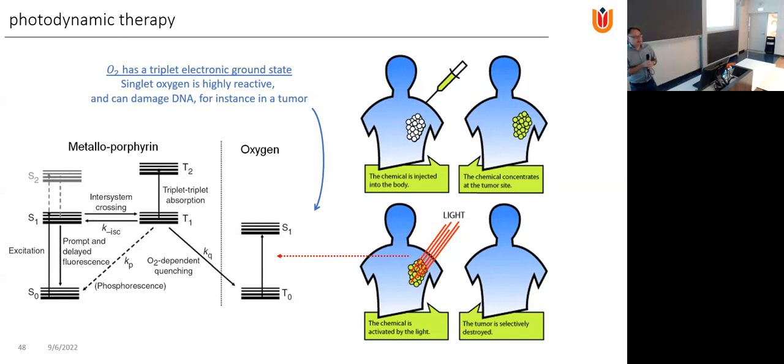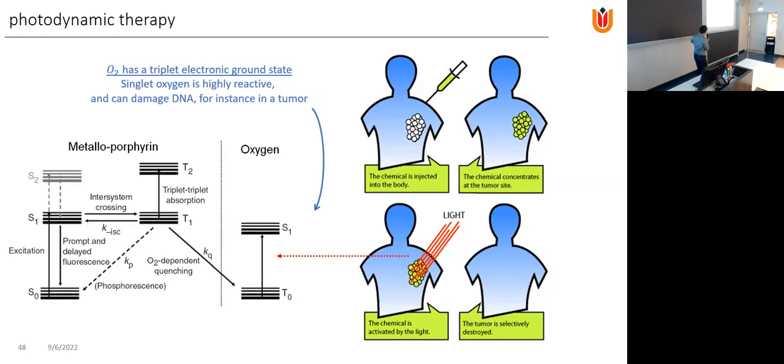I told you this tumor is in a hurry. It tries to grow, so it makes a lot of vessels around the tumor site. And because it is so much, these vessels are a little bit leaky. They're not perfect vessels, they're just a little bit messy. So after some time, these chemicals will accumulate at the tumor.